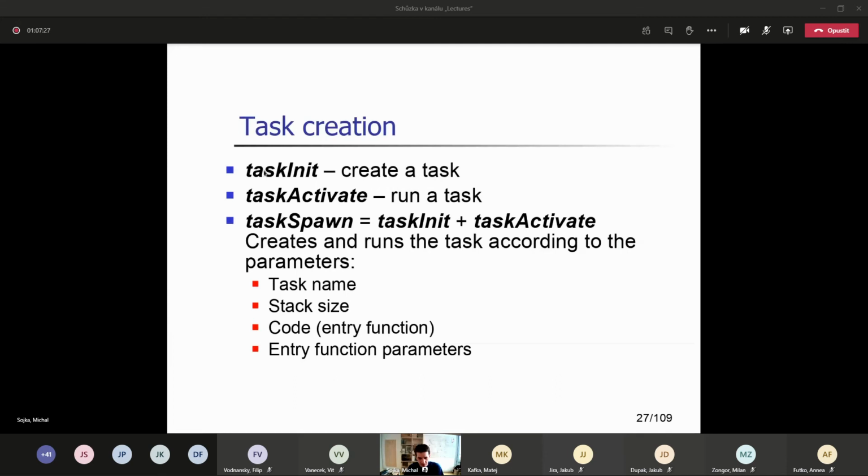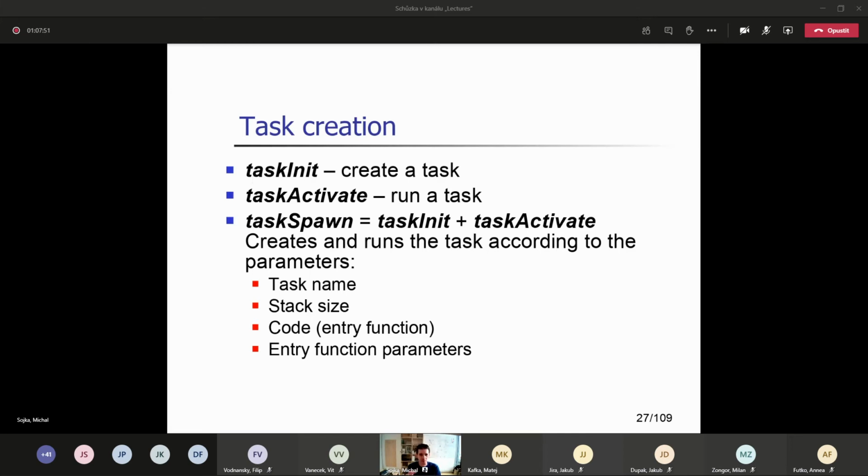And it could happen that you don't have enough memory for creating the task. So if you need to be sure, like in case of safety critical applications, it's often the case that when you are creating a task, it is always accompanied by some kind of sibling task.